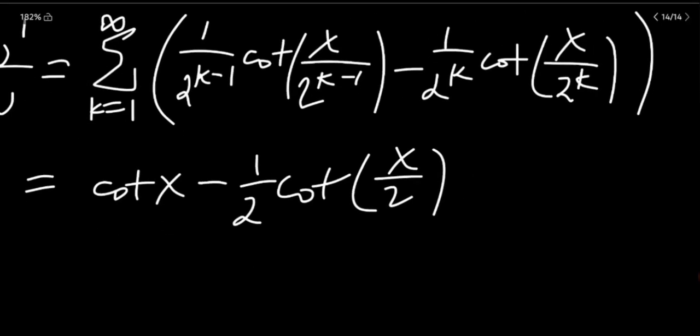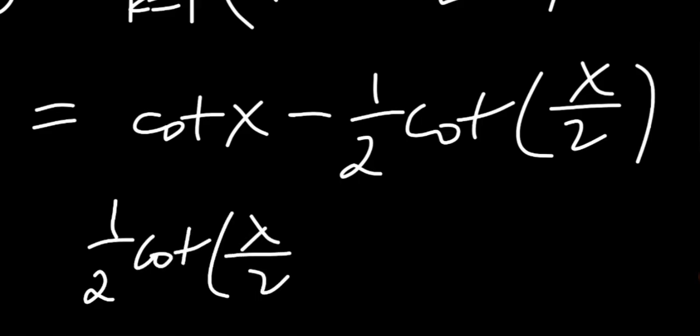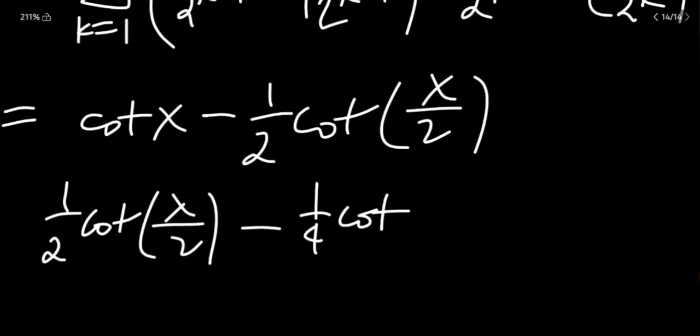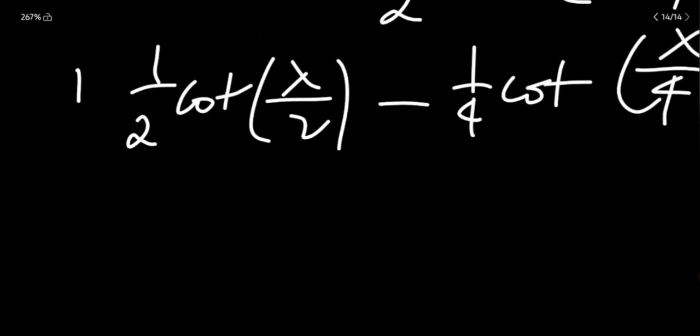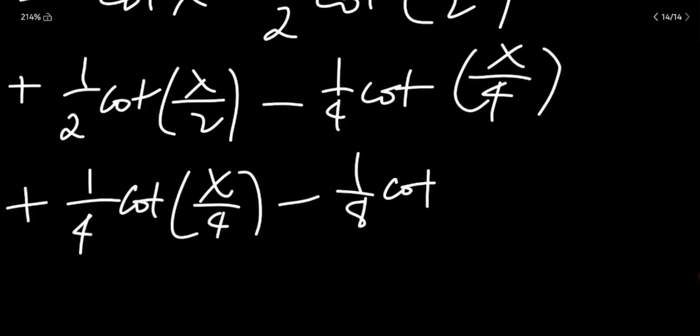When k equals 2, we should get 1 half cotangent x over 2 minus 1 over 4 cotangent x over 4. And when k equals 3, we should get 1 over 4 cotangent x over 4 minus 1 over 8 cotangent x over 8, and so on.